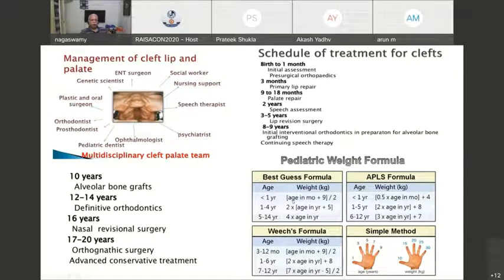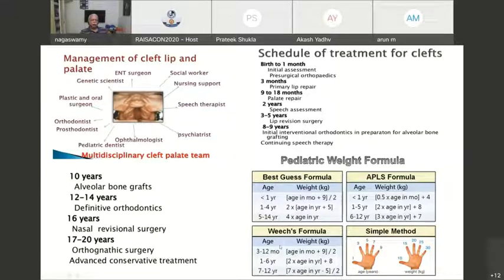Some people use it even for less than 3 months in the best guess formula, age in months plus 9 divided by 2. For example, for a 3 months old baby, 3 plus 9 will be 12, and 12 divided by 2 will be 6.